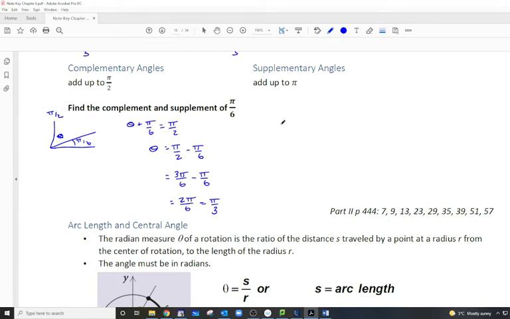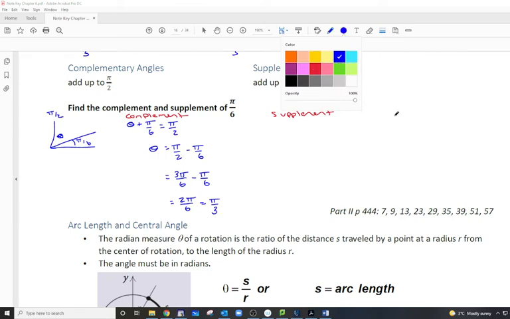All right, last thing is supplementary. So this was complementary. I should write that somewhere. Complement. Supplement. Supplement means that they add up to 180. So if you think about it, here I've got my lonely little pi by 6.